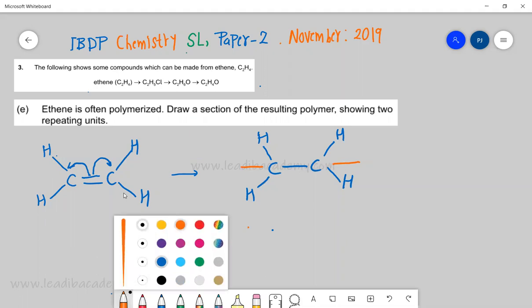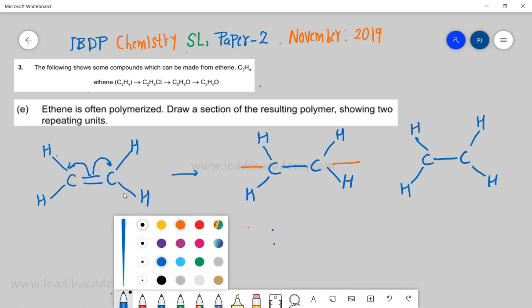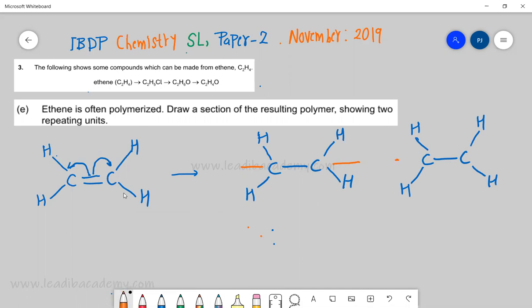And then you can think of another molecule of similar ethene which has also undergone opening. And so these are the continuation bonds.